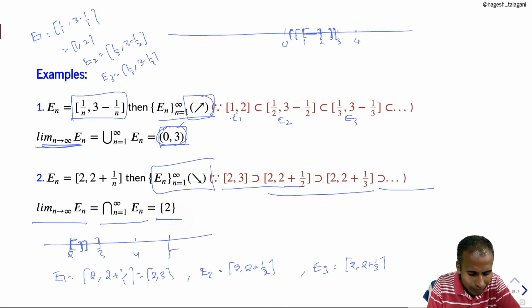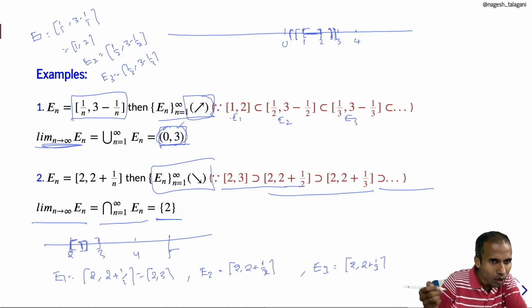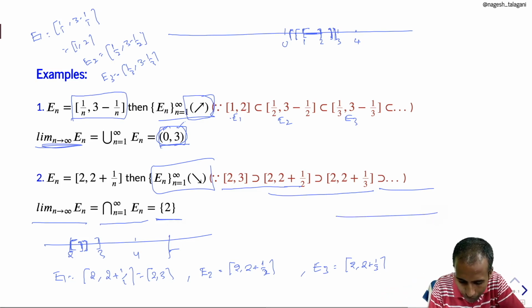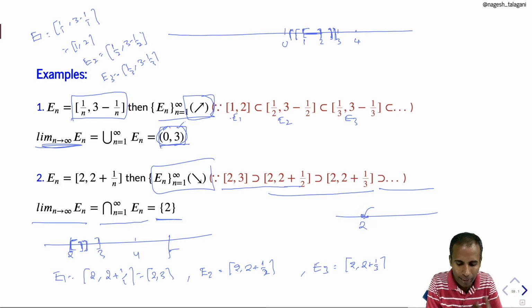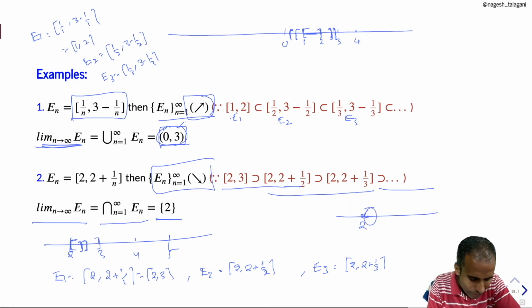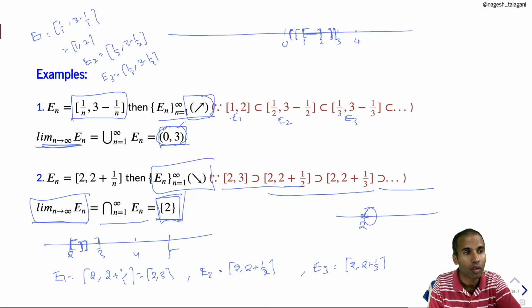As n gets bigger and bigger, 2 plus 1/n approaches 2, no matter what point you pick here. Whatever point you take, there is an n for which En's right end comes to the left side of that point. So the intersection will not contain anything else, only the singleton {2}. So in this case, the limit of En is the singleton {2}. Okay, fine.